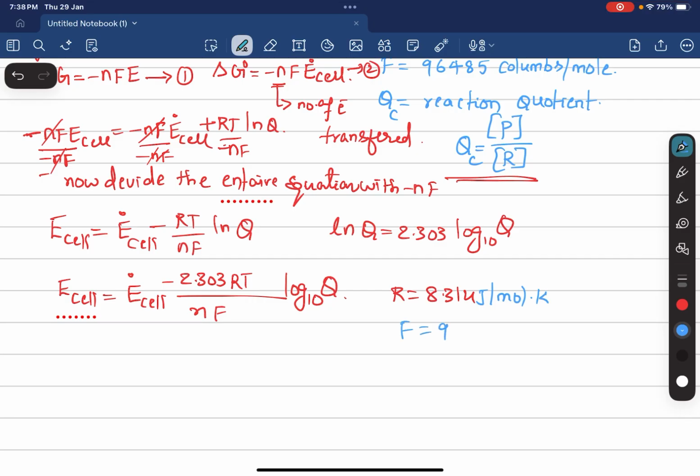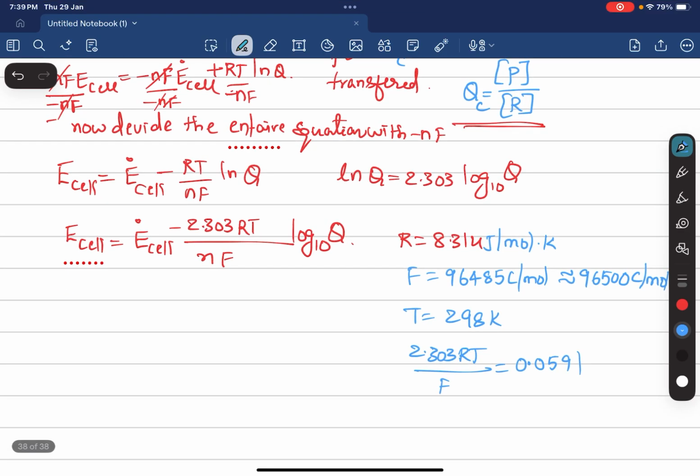F is already discussed, 96,485 coulomb per mole, which can be approximately taken as 96,500 coulombs in problem solving. Temperature is normally 298 only. So 2.303 RT by F equals 0.0591. Finally, E cell equals E naught cell minus 0.0591 by n log Q.